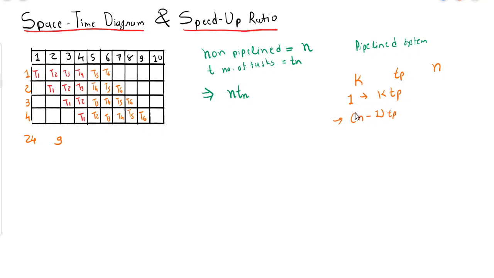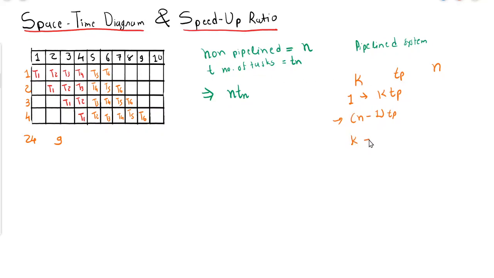Because after the execution of the first instruction, all remaining instructions are completed one per second. After the third second, in the fourth second we get one instruction, in the fifth second one instruction as output, in the sixth second instruction three is over, in the seventh second T4 is over. So only in the initial condition, where the pipeline is partially empty, do we have to wait. Then onwards, each second we get one instruction completed, so that is n minus 1 tp.